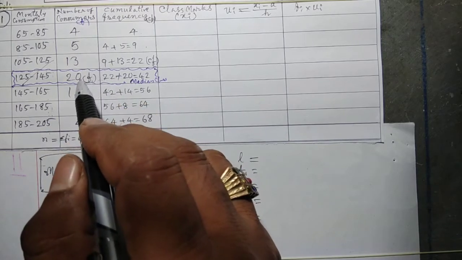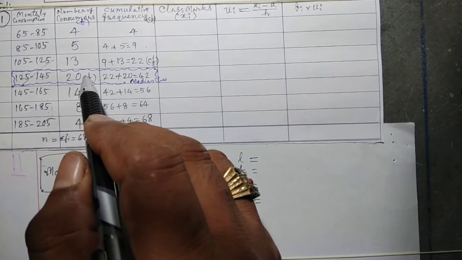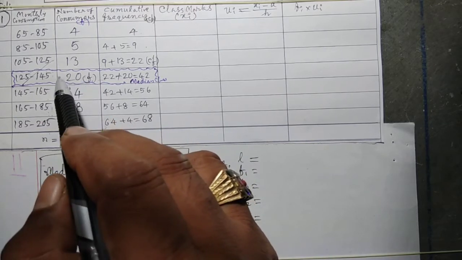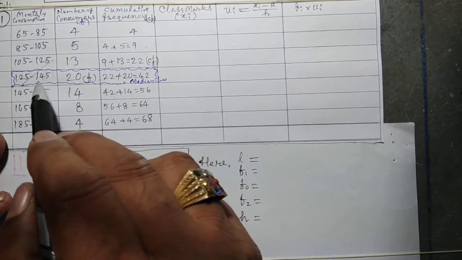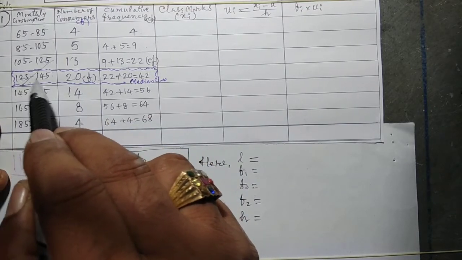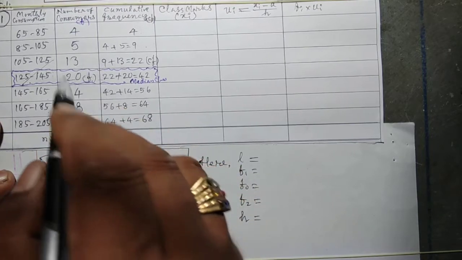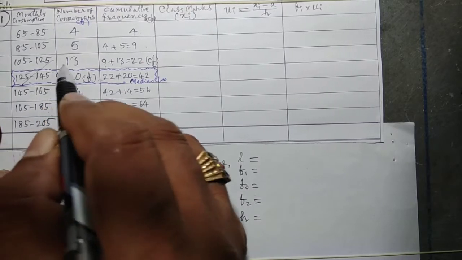The maximum number of consumers is 20. That's why this class is the modal class. 125 to 145 is the modal class.